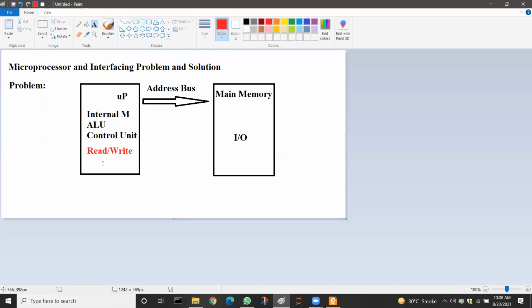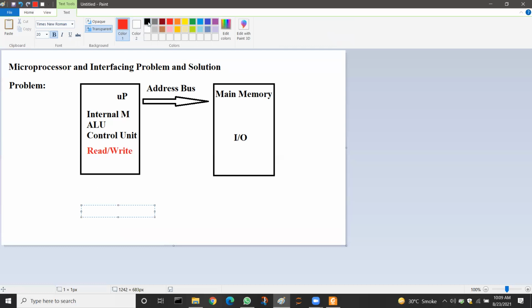The microprocessor reads the data, and after processing we get the result.